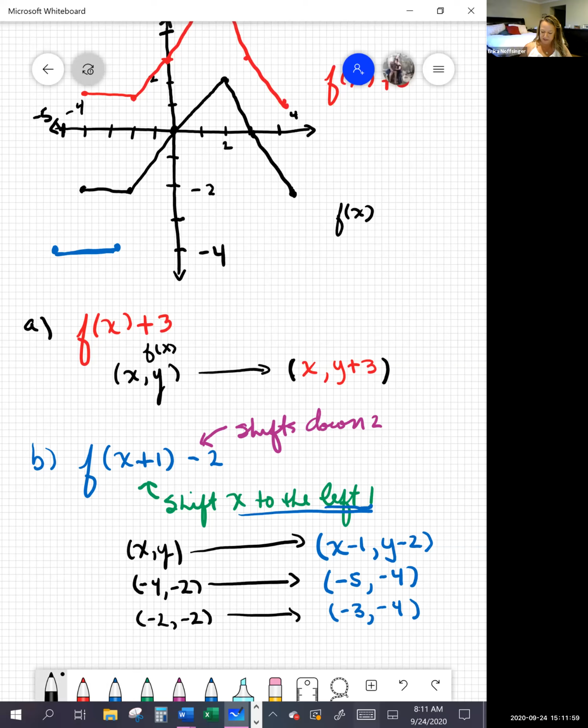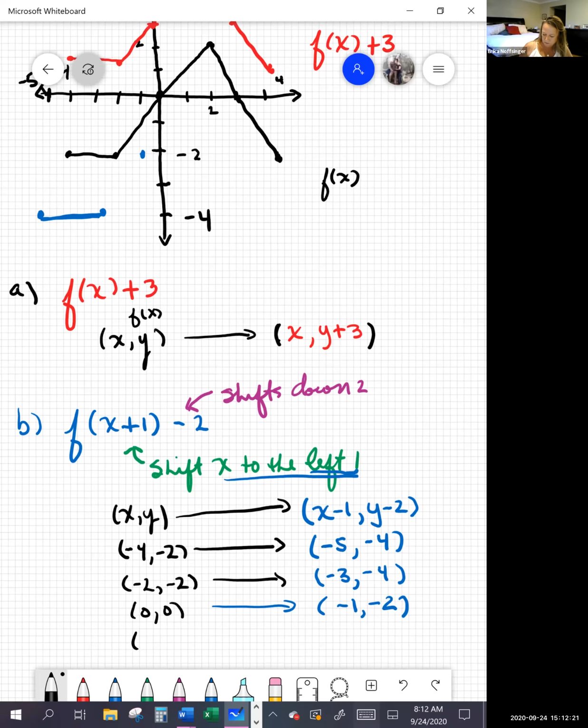Your origin, 0, 0: left 1 is -1, and down 2 is -2, so we have a point at -1, -2. Our peak, which was 2, 2, becomes 1 after subtracting 1, and subtracting 2 from the y value gives 0. So 1, 0.